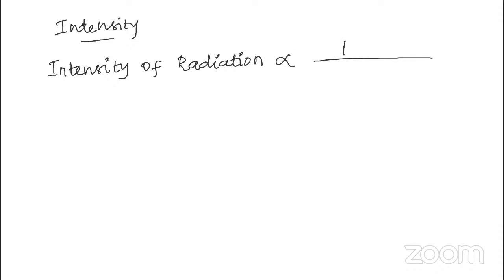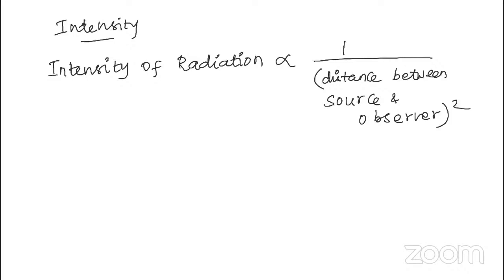So here intensity of radiation is proportional to 1 by the distance between the source and the observer, the whole square. Okay.